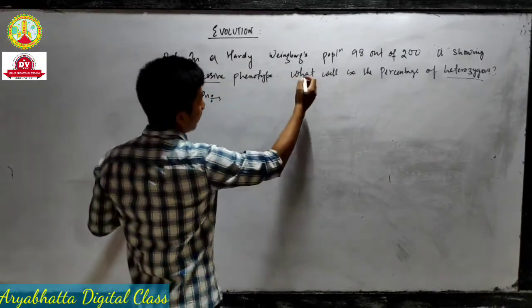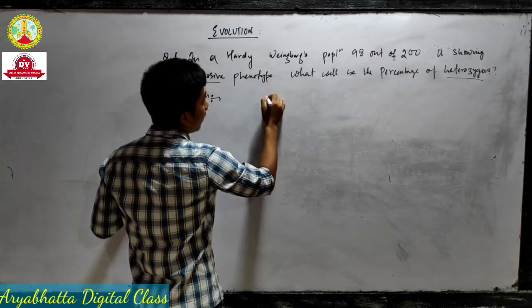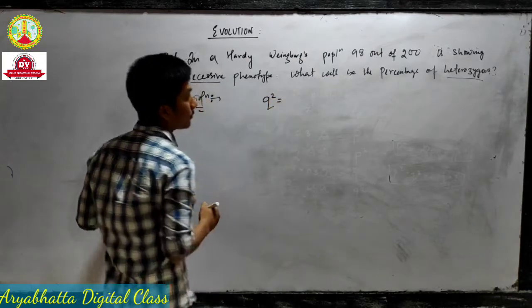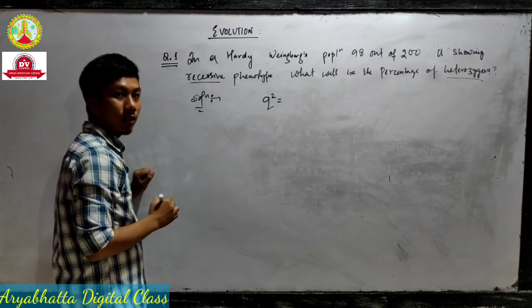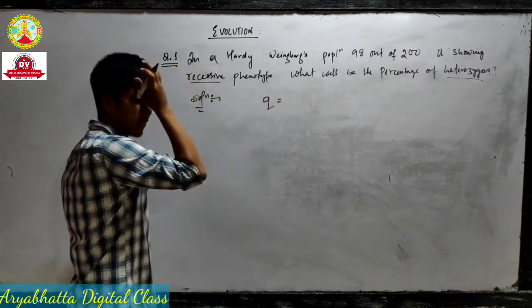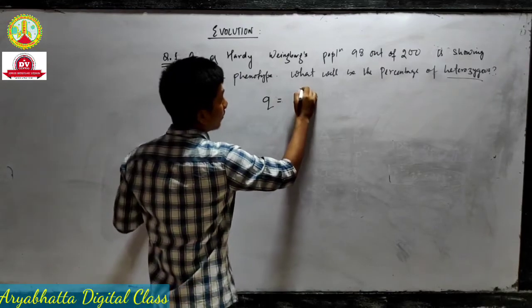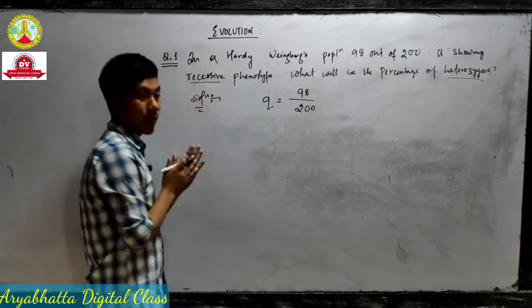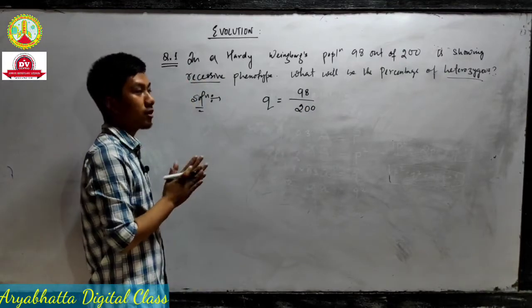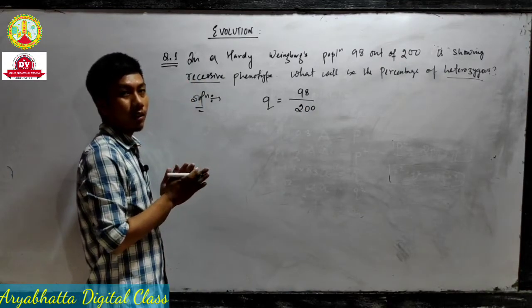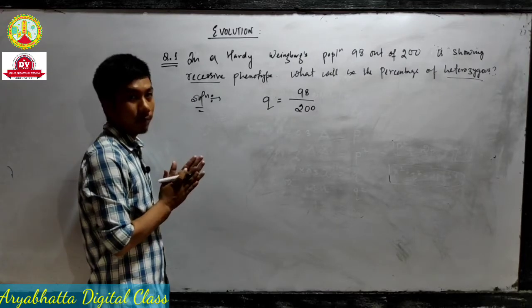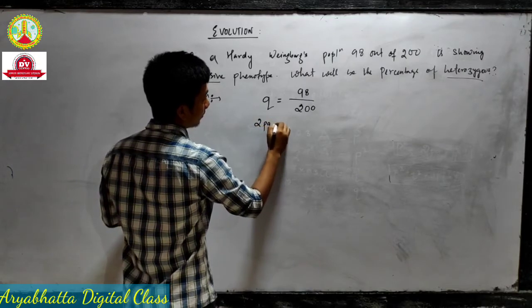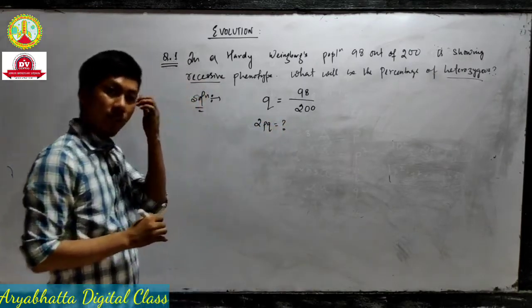The recessive value is given, so Q square is given. So Q is given as 98 by 200, and we need to find heterozygous, 2PQ.